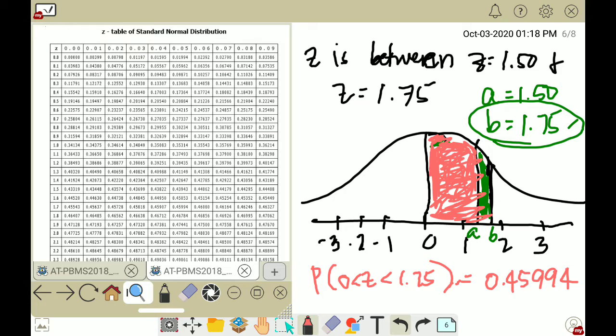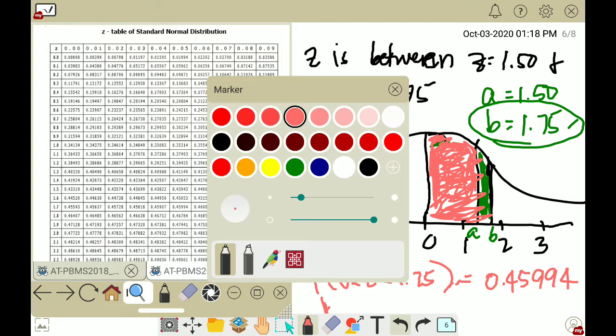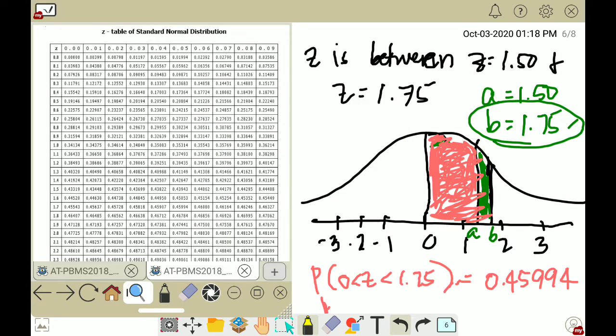So P, the probability or area of Z between 0 and 1.5, covers the area which we need to eliminate from your area of B. This is the area that you need to eliminate.